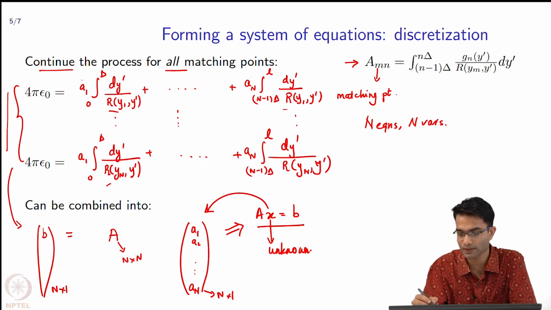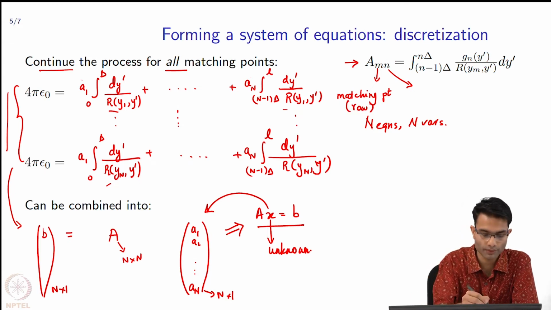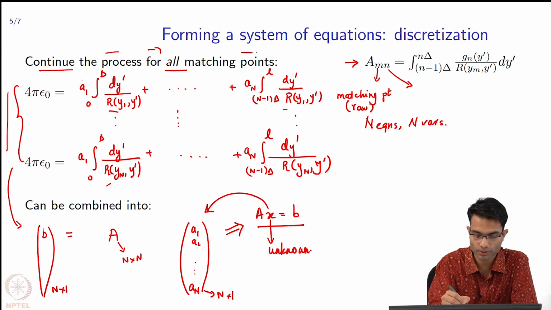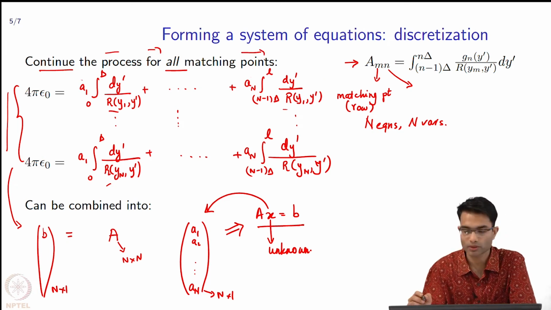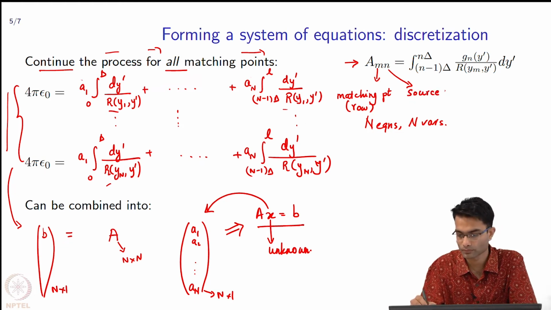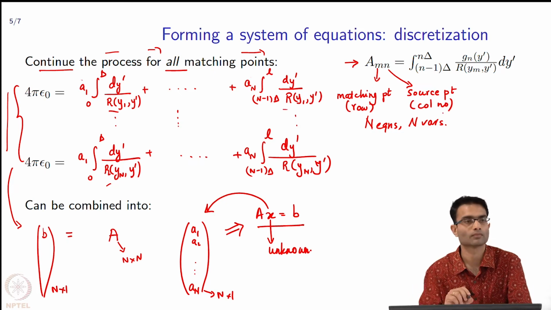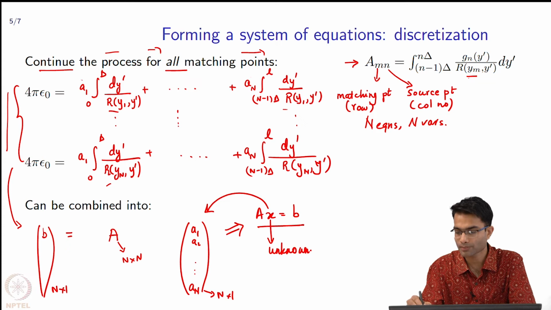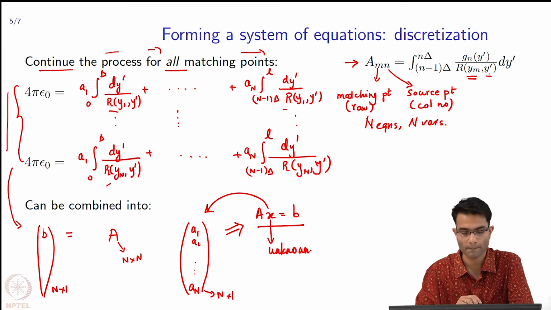So, this is coming from the matching point, and n over here is going from here all the way to the right, right. So, that is telling me the source point. Right. So, your matching point is over here and your source point is over here, right.